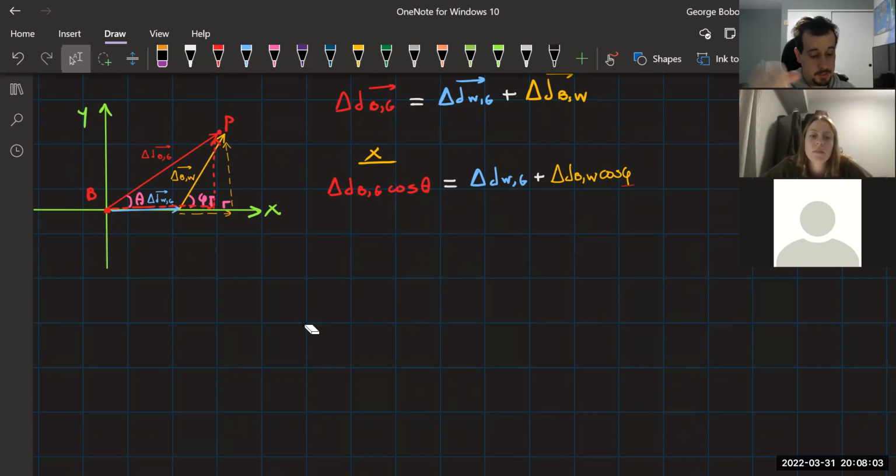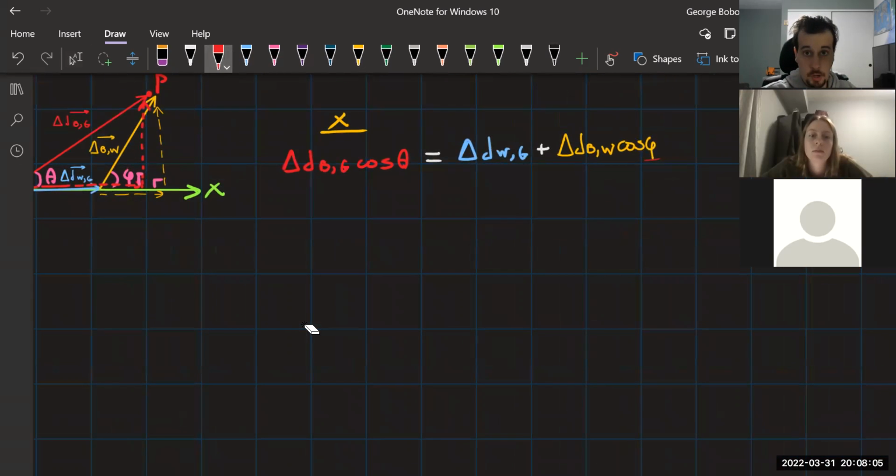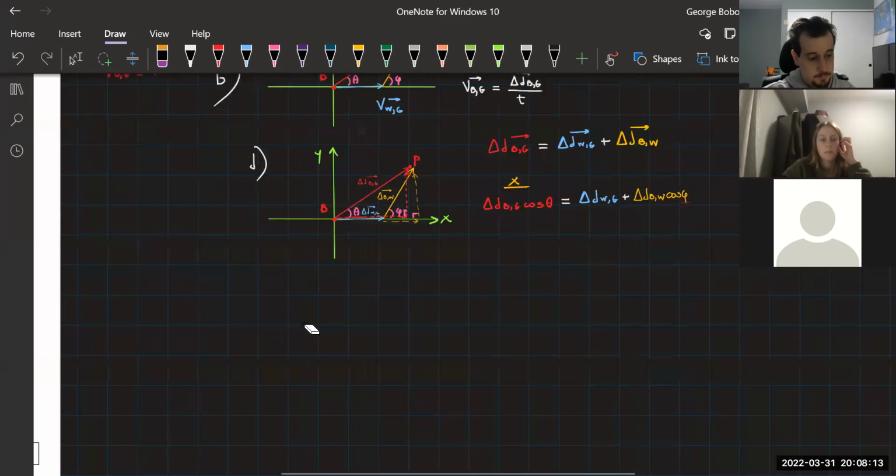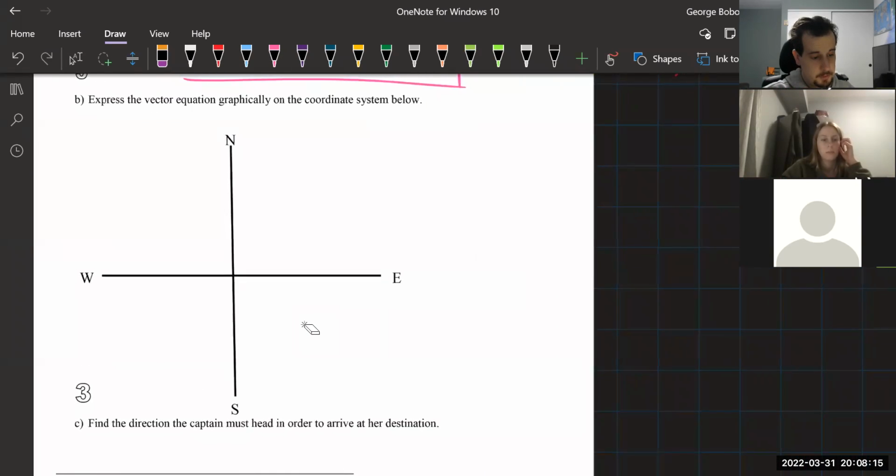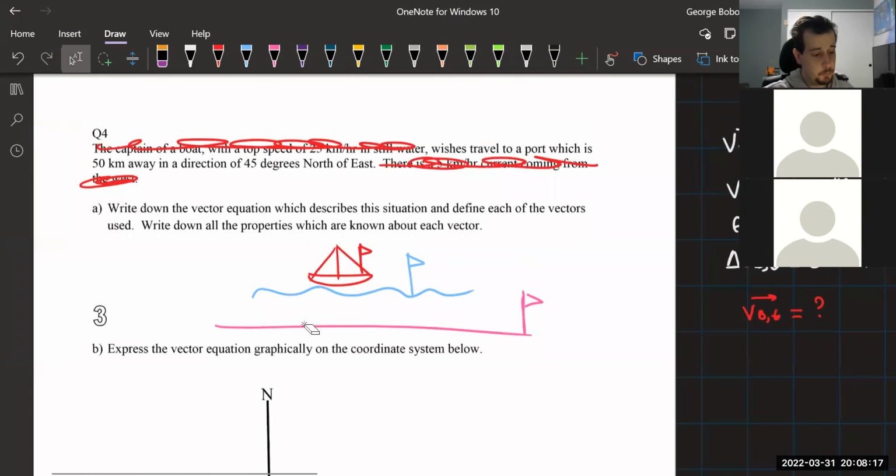We've said that a million times. So why don't I actually do this? Let me think about how I'm going to pull this off. That's my displacement. Express the vector equation. They have not given you a time, which is very surprising.